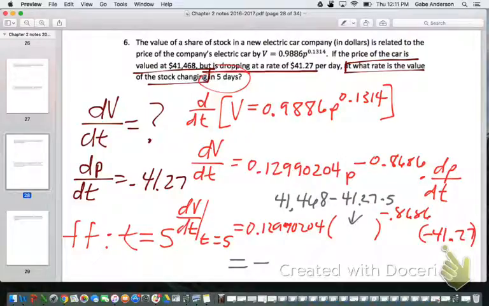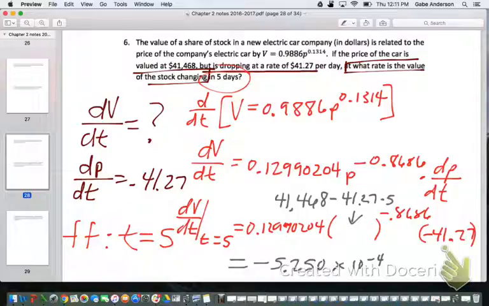Negative 5.250 times 10 to the negative 4. Yeah, that sounds about right. So yeah, it's basically negative 0.000525. What would the units be on that? dV dt should tell you the units.